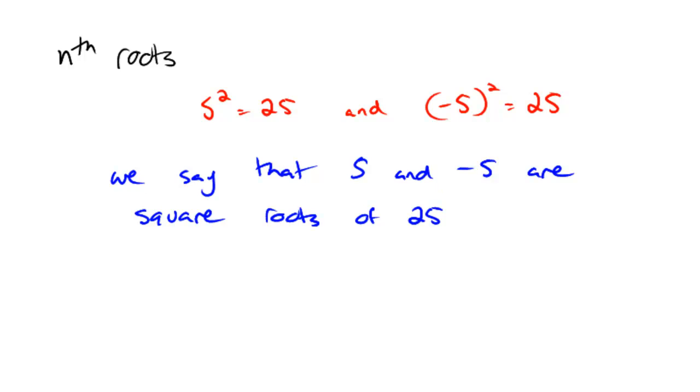We can also look a little further at a different example, which is to say that 2 cubed is equal to 8, and negative 2 cubed equals negative 8. Notice how here, because we're taking odd powers, we don't have the situation where both the negative being cubed and the positive being cubed give the same answer. The negative cubed and the positive cubed give 2 different answers, plus or minus 8.